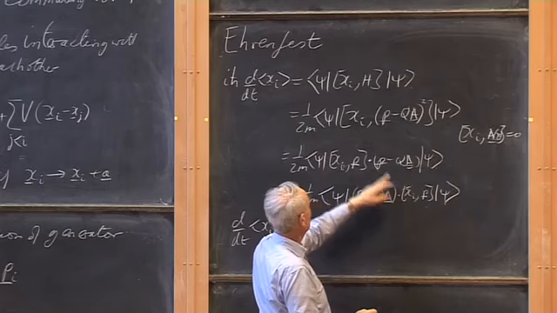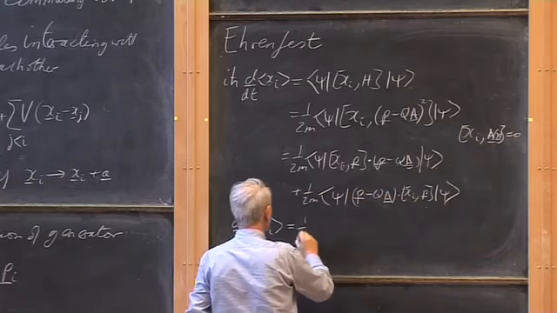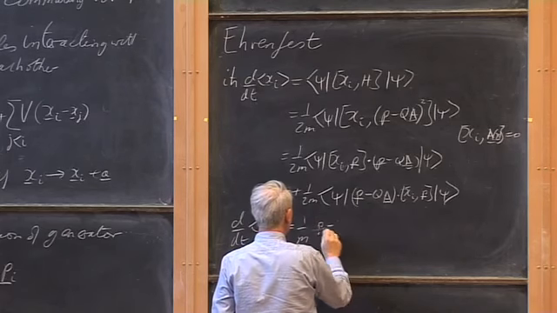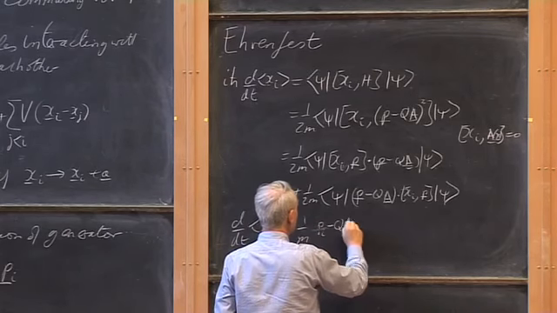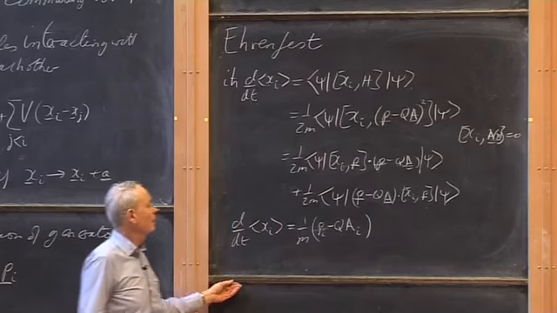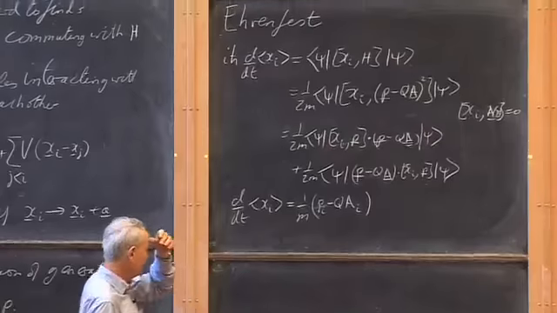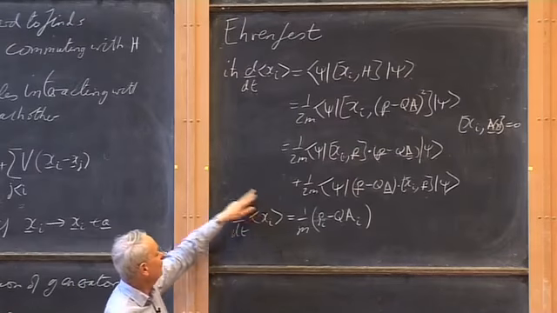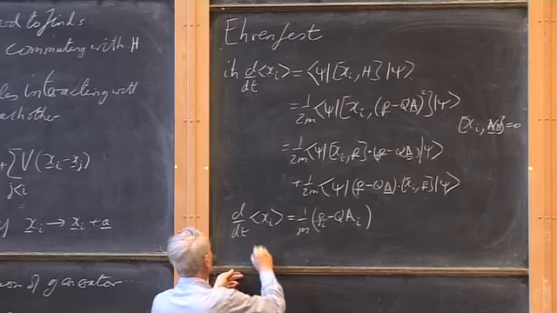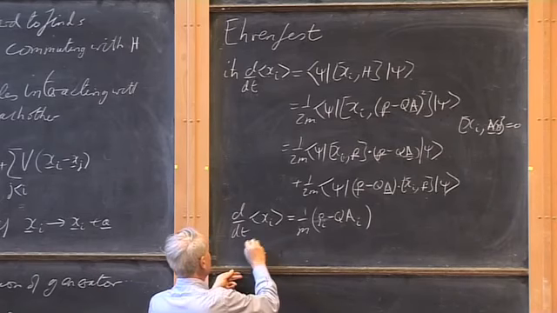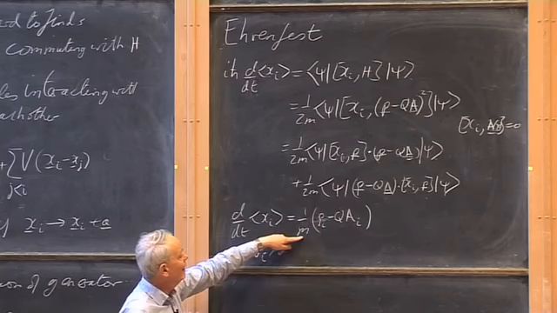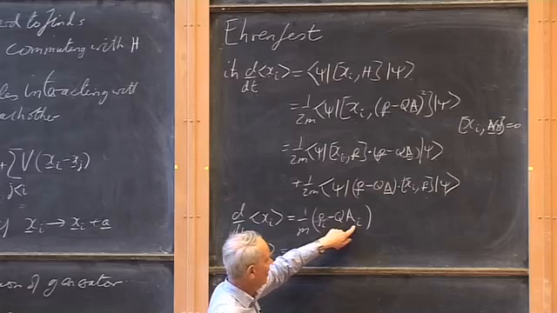This term is going to generate the same as that, so this gives me 1 over m of p_i minus qA_i. So what this is telling us is that the classical velocity, because the rate of change of the expectation value of the position is what we would call the classical velocity, the expectation value of the velocity, if you like, is not equal to the momentum over m. It's equal to the momentum minus qA over m.